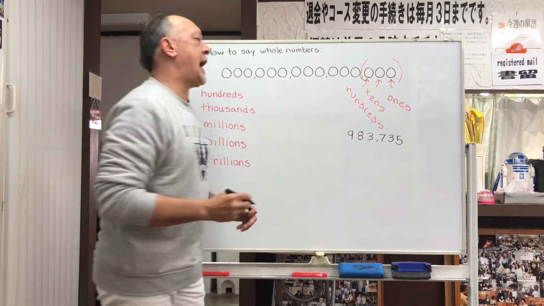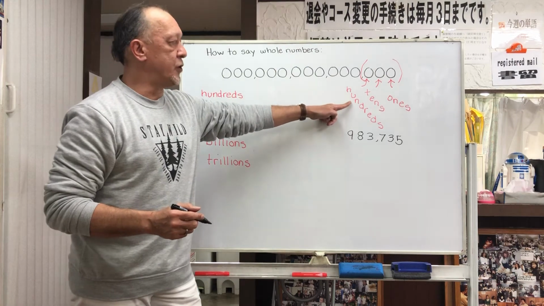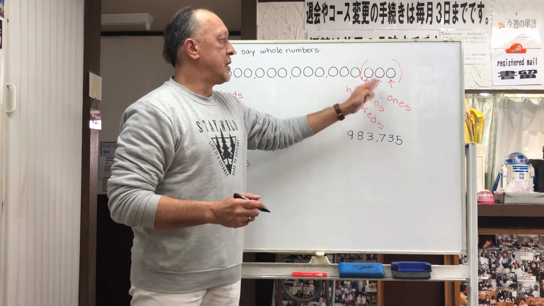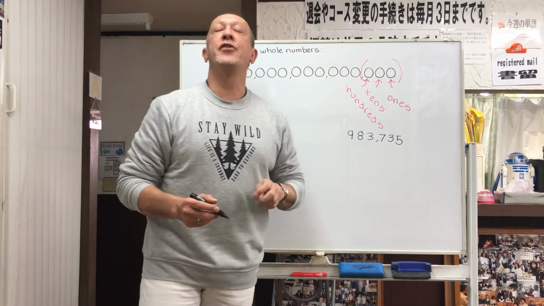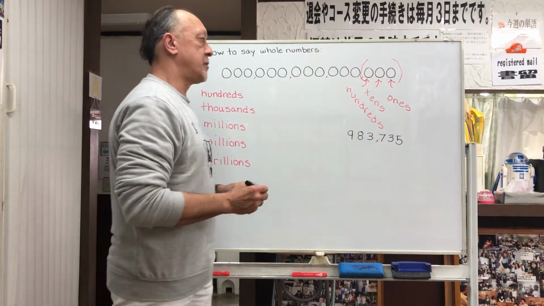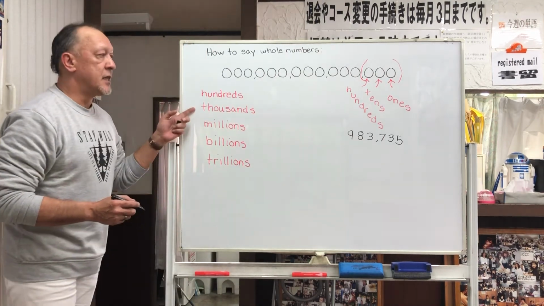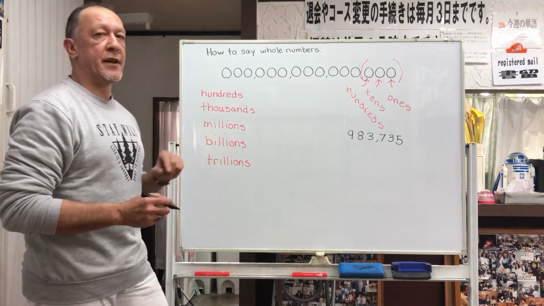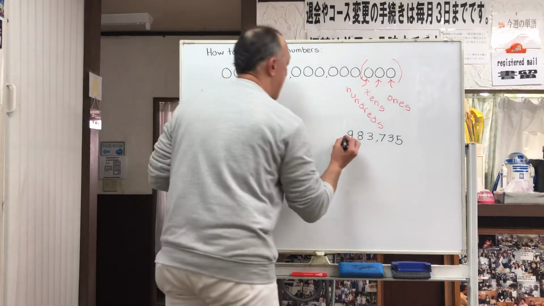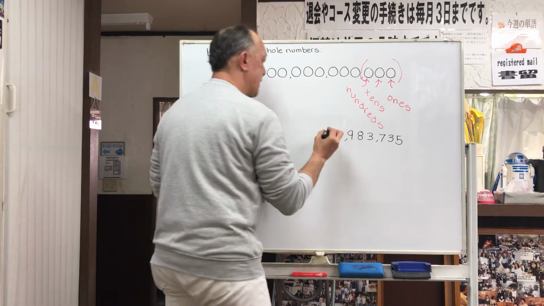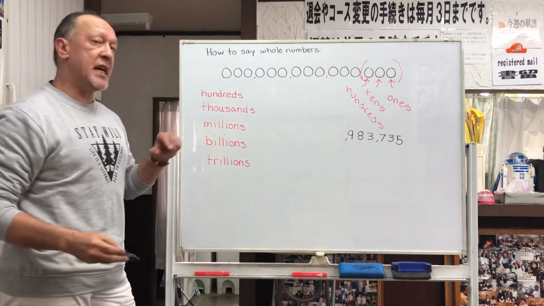And here we'll have 983,735. 983,735, comma. Now we're moving on to this 3, and we understand this 3 will be millions.